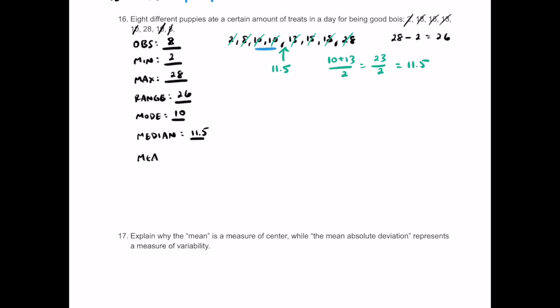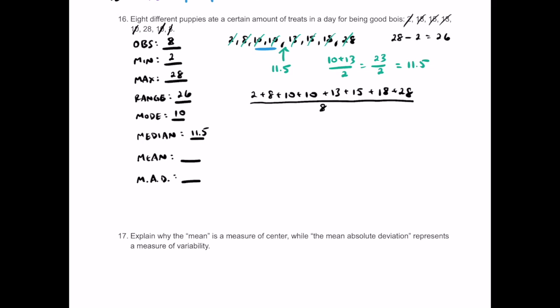Now for the more time-consuming pieces, we have the mean and we have the MAD. We can see if we can figure that out here. To find the mean, we should find the average, which is adding up all the numbers together and dividing by the number of observations. So 2 plus 8 plus 10 plus 10 plus 13 plus 15 plus 18 plus 28. That's the sum of all of the observations, and we have to divide that by the number of observations, which is 8.